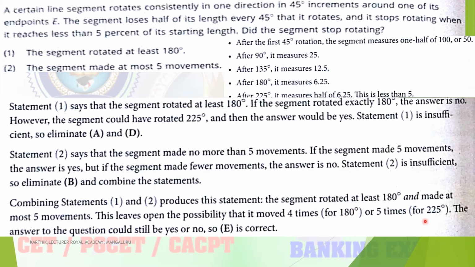Yes means less than 5%, no means not less than 5%. So option E is the correct answer for this problem. Why? Because the two statements alone are not sufficient, and the two statements together are also not sufficient to find the answer. So option E, none of the above.